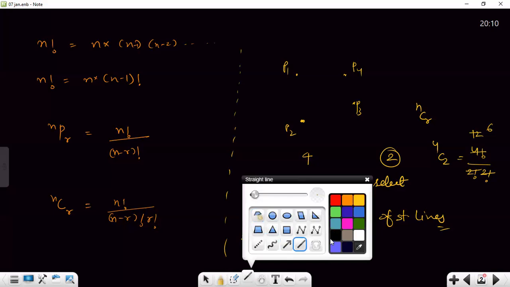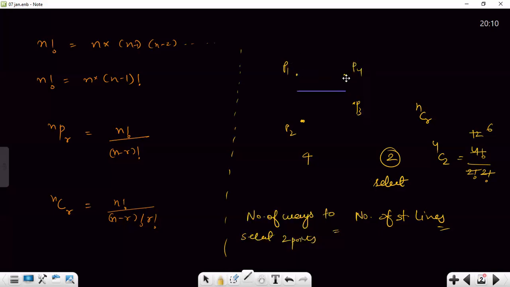Okay, so let's find out. This is 1 straight line. This is 2. 3 straight lines. 4 straight lines. 5 straight lines. 6 straight lines.